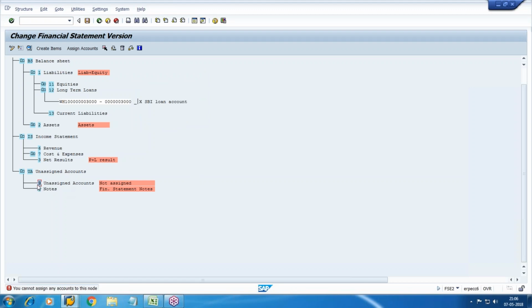Why it is not working? Actually, this one will be auto transferred. Yes, auto transfer. Okay, leave it.